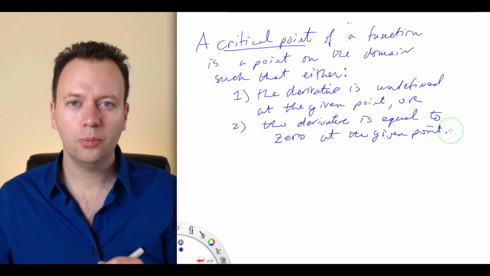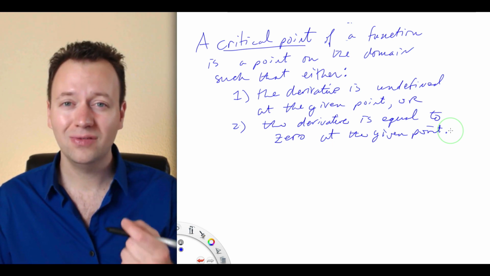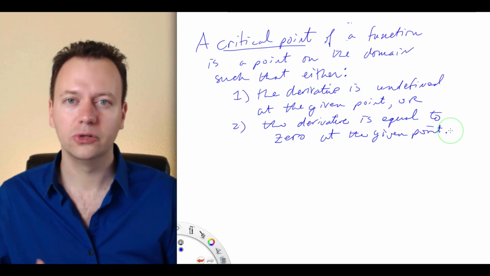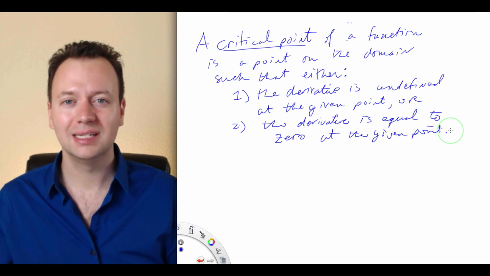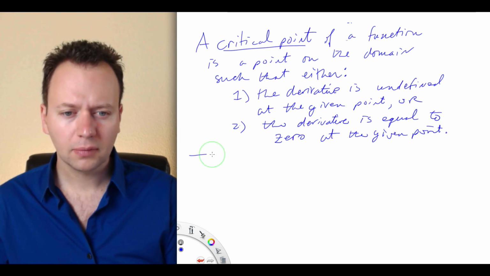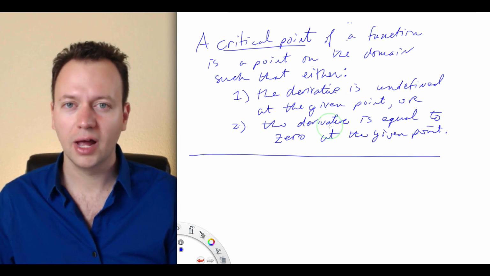So basically a critical point is a point on the domain of a function such that either the derivative is not defined, so in other words the derivative does not exist, or the derivative is equal to 0 at the given point. So there are basically three ways, because there's two ways for the derivative not to exist.